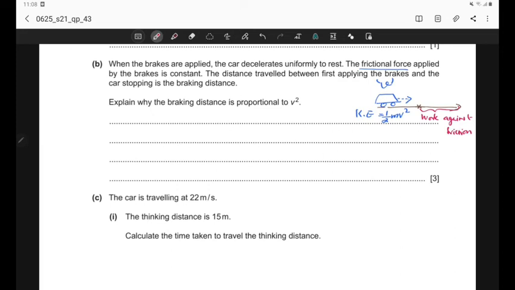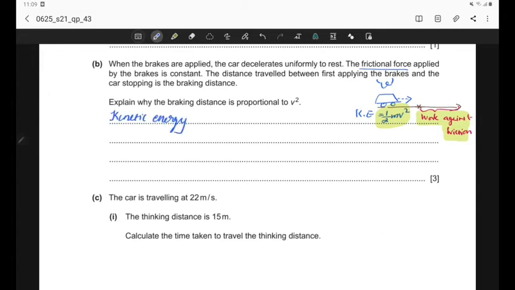Then only the driver can stop the car. So here we can understand all the kinetic energy the car had will be used to do some work against the friction. So that is the first point we can write down, that all the kinetic energy of the car will be used to do the work against friction.